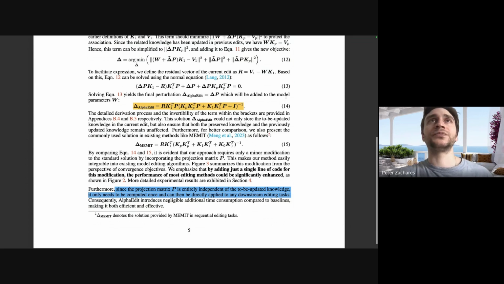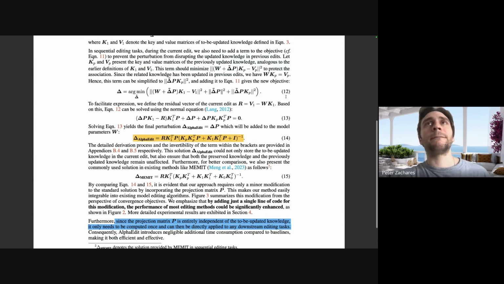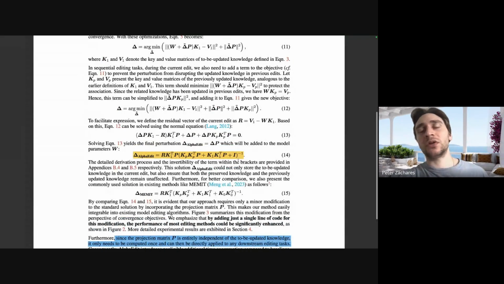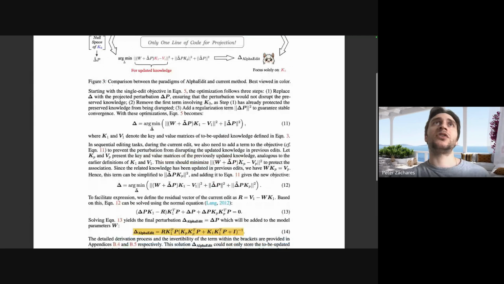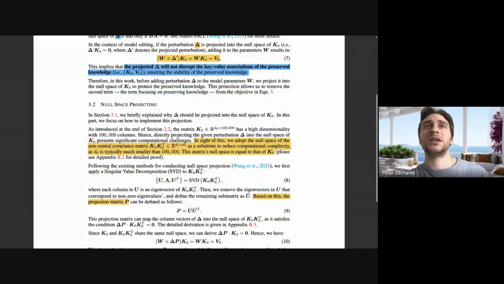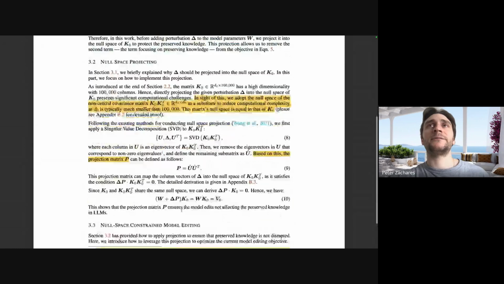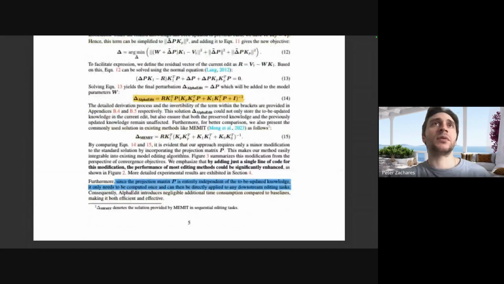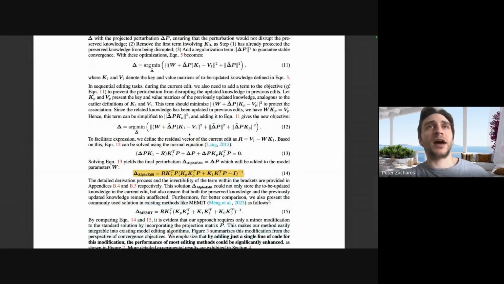And we're all good. It's just a single line of code that you're updating, so it's really simple. But you actually have to calculate this projection matrix P as well, which I consider another step, more lines of code.